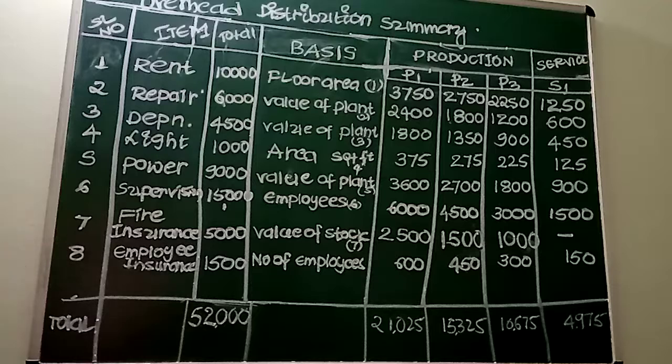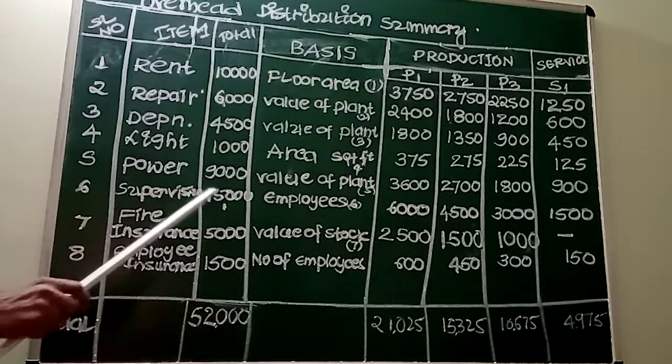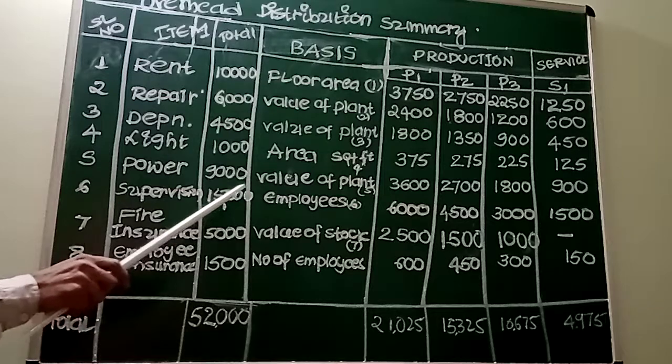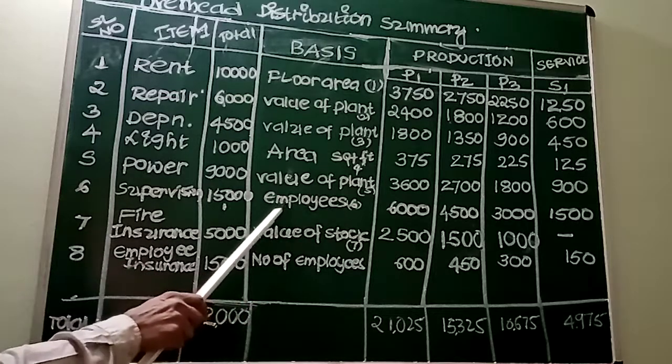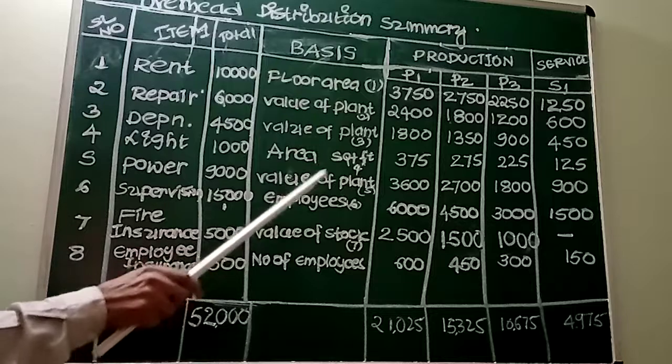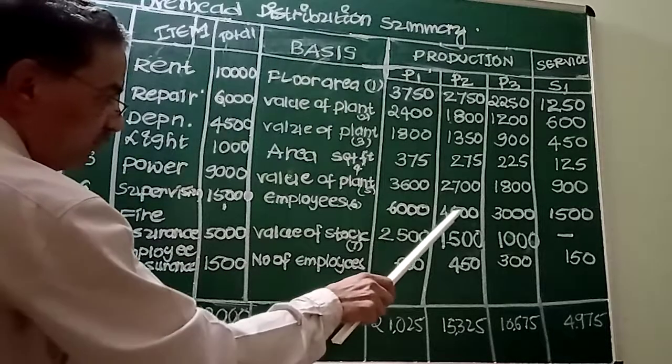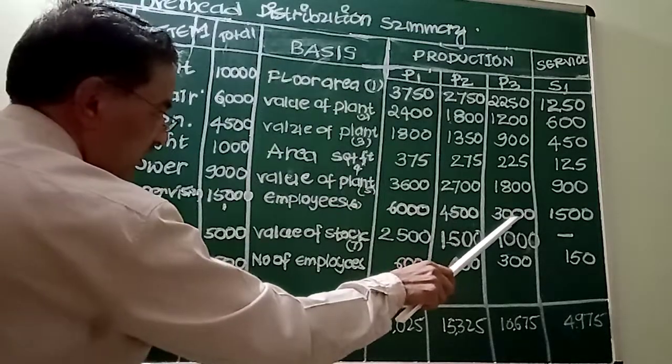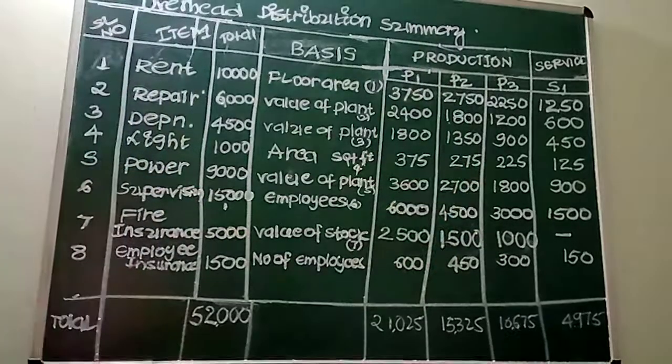In my previous session I had given the total number of employees as 20, 15, 10 and 5. Take the ratio again, 4 is to 3 is to 2 is to 1. If you divide 15,000 in that ratio, you get 6,000, 4,500, 3,000 and 1,500.